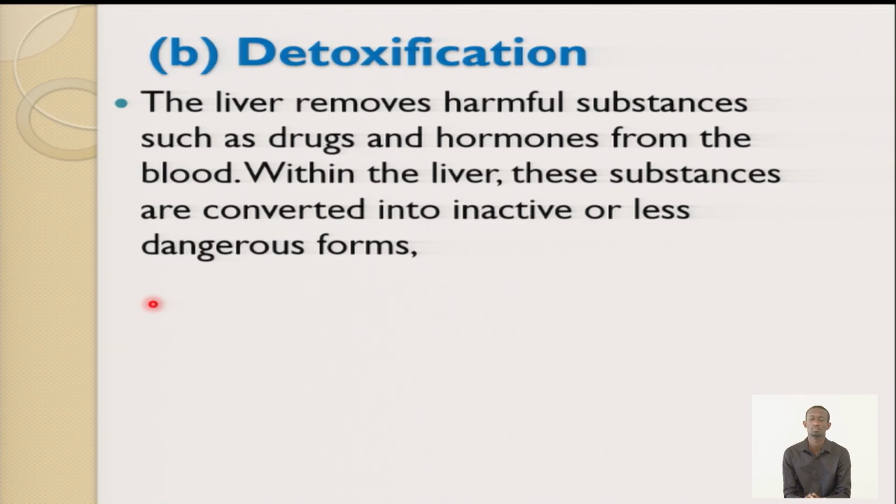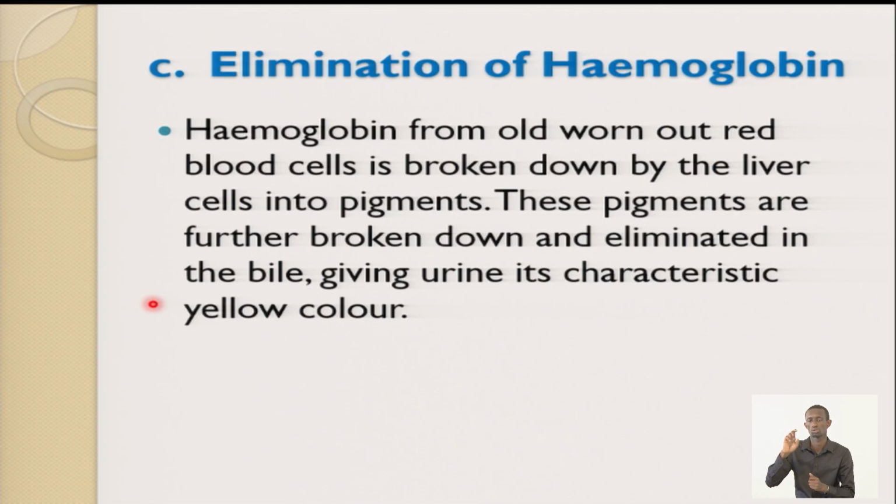Not only that, they can also make the cells die. So the liver has to perform the function of detoxification, all right? We have elimination of hemoglobin. I said worn out red blood cells are broken down by the liver into pigments.